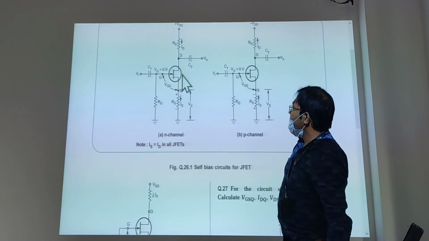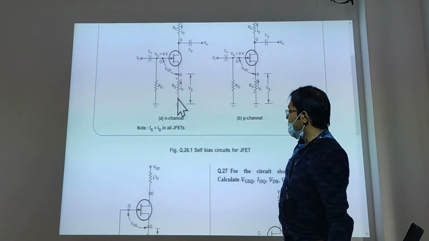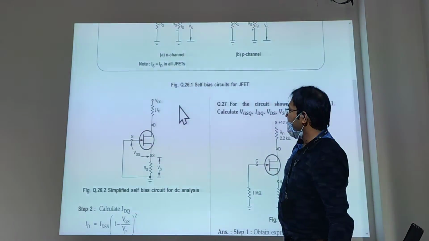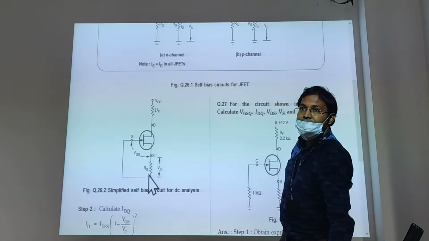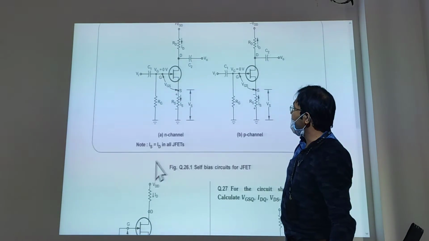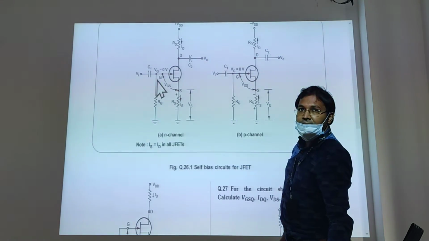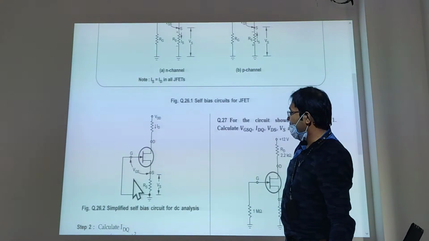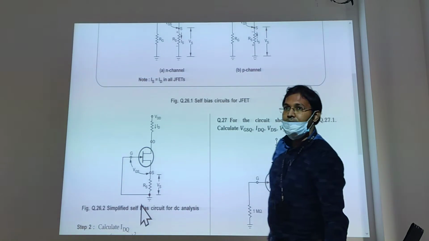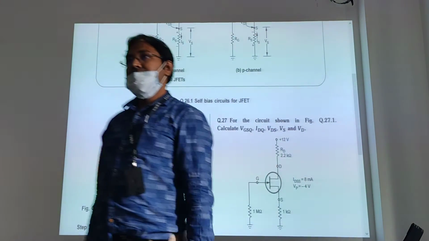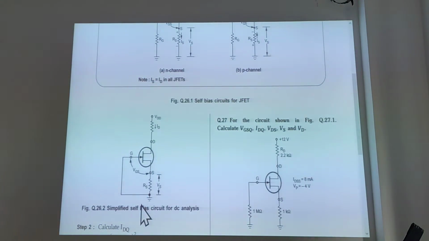See here. Both capacitors gone. VDD, RD, transistor, RS as it is. Both capacitors gone. Next point, RG replaced by ground. Now we have to analyze this circuit.